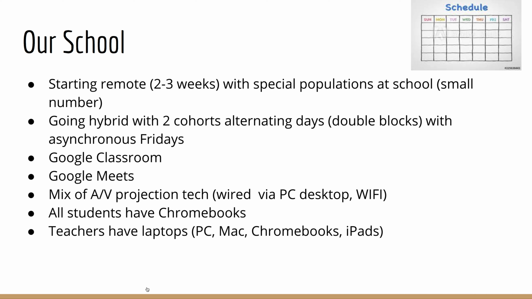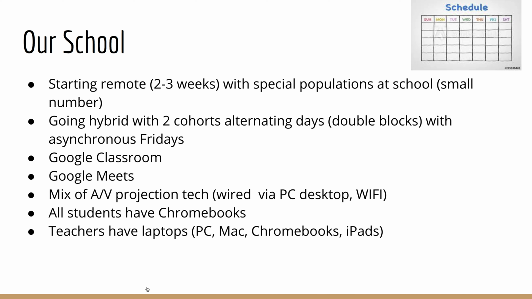Just some background on our school. We're starting remote for a little while, a couple weeks, however, as I mentioned before, some special populations could be at school with a small number of students. And we're not 100% sure if they'll be in the classroom or in other classrooms or in the library, etc. But there'll be some kids possibly face-to-face in the classroom, but a small number.